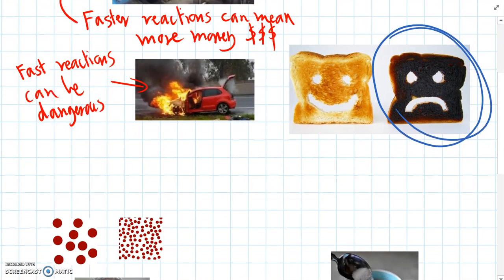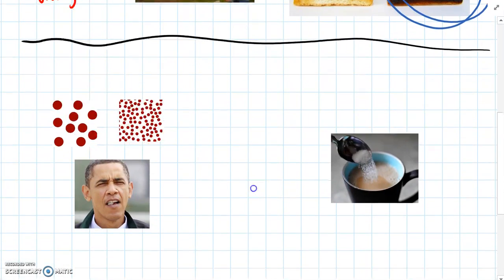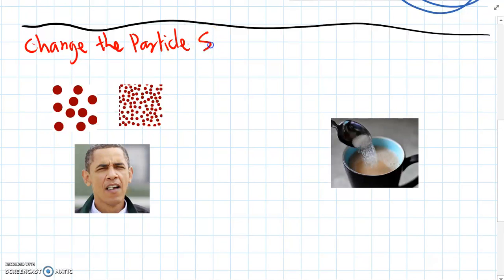So let's look at how we can actually change the speed of reactions. And there's 4 main ways we can do it. The first thing we can do is change the particle size. So if we have some big particles, then there's less chance that when they're moving around that they'll bump into each other and make a reaction happen.